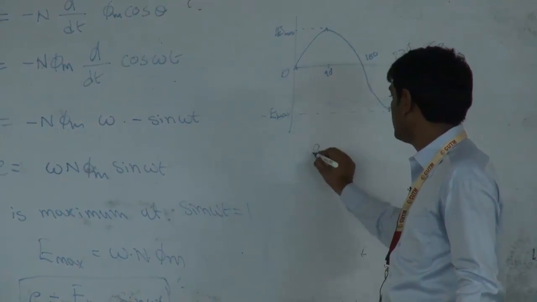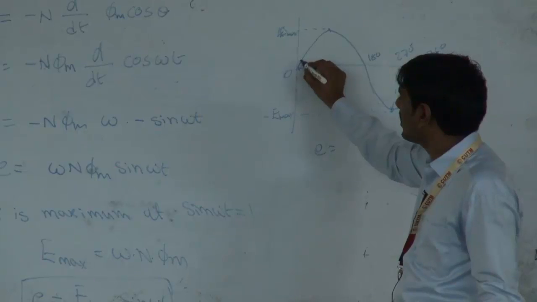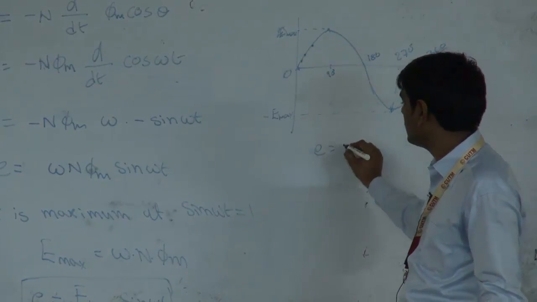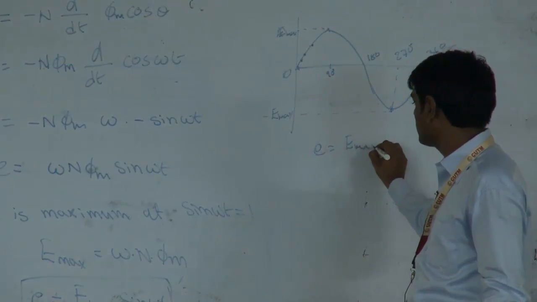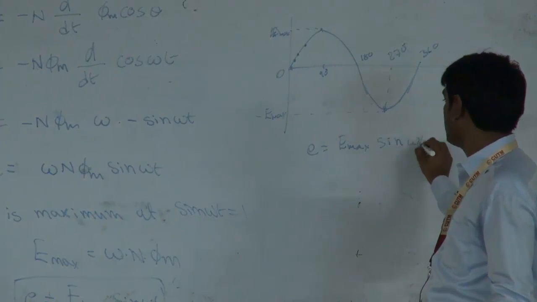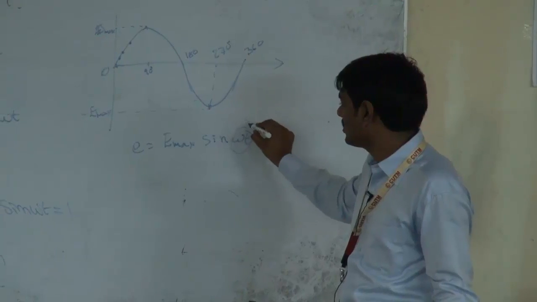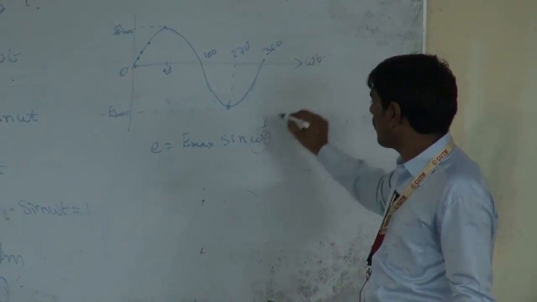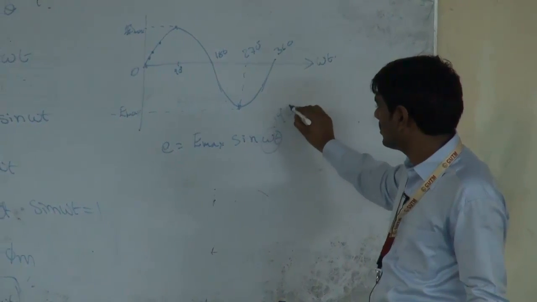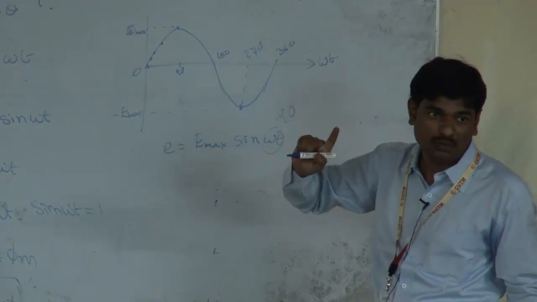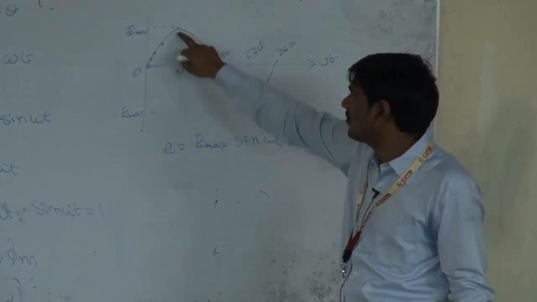So we can calculate the induced EMF at any instant: E is equal to E max sin omega t. If omega t is equal to 90 degrees, sin 90 is equal to 1, so you will get the maximum induced EMF.